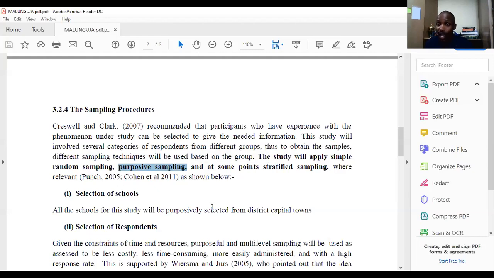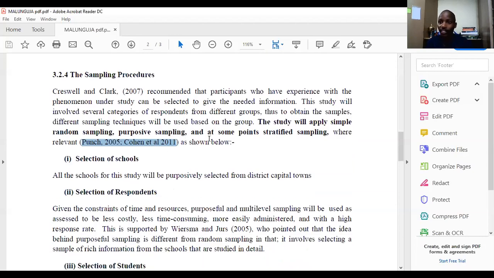You see, how do we get the idea and the use of probability sampling, random sampling, and purposive sampling? It is supported by this particular literature. What activities is the researcher going to do to carry out the sampling?